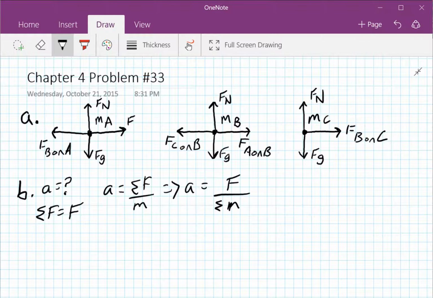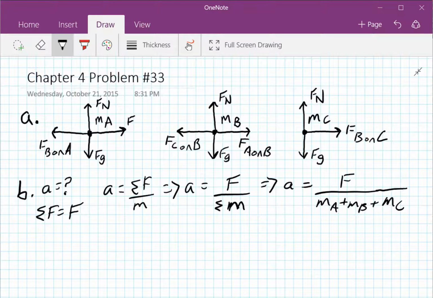Because m normally is the mass acted on by the forces, in this case the whole mass. Well, the force is pushing all three blocks. So we're going to go ahead and rewrite that as a equals F divided by MA plus MB plus MC. That's your answer to part B.